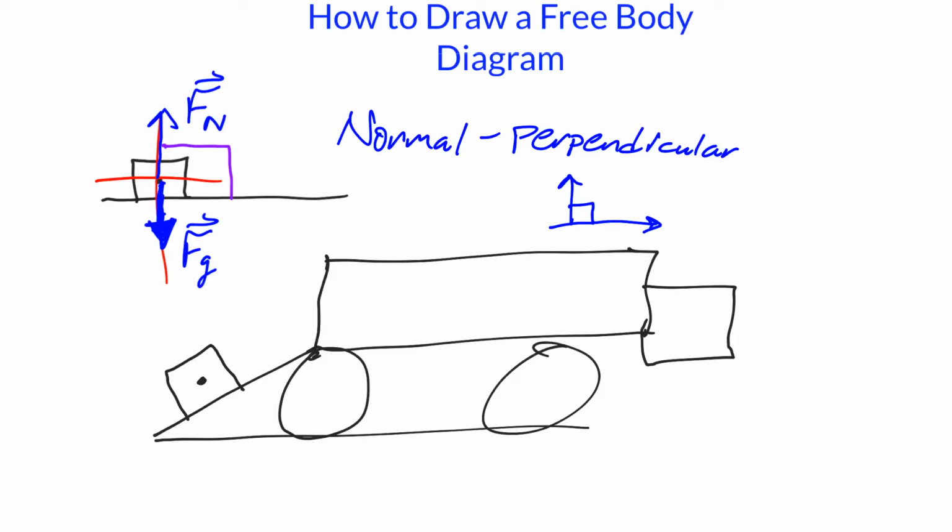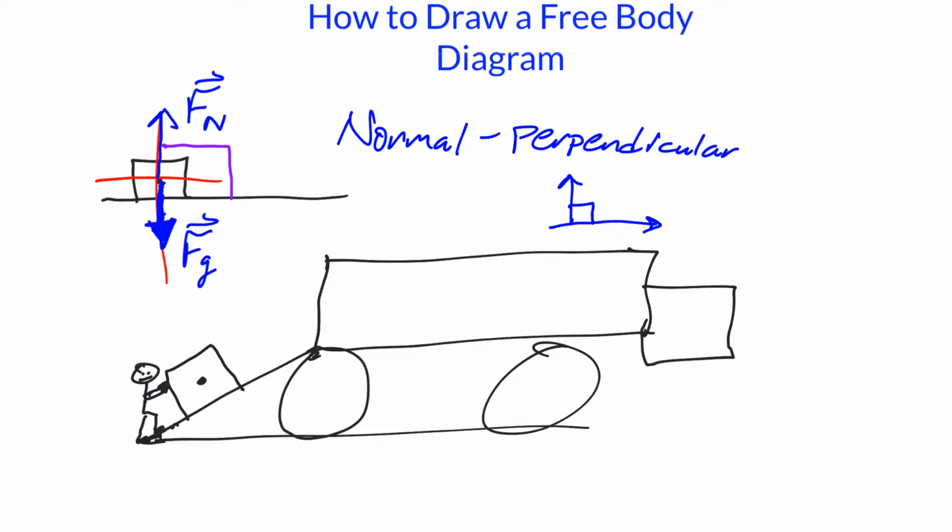All right, so let's see here. Let's say that there's somebody that is pushing on that box to try and make it go up the ramp, okay? And let's say that there is friction, okay?